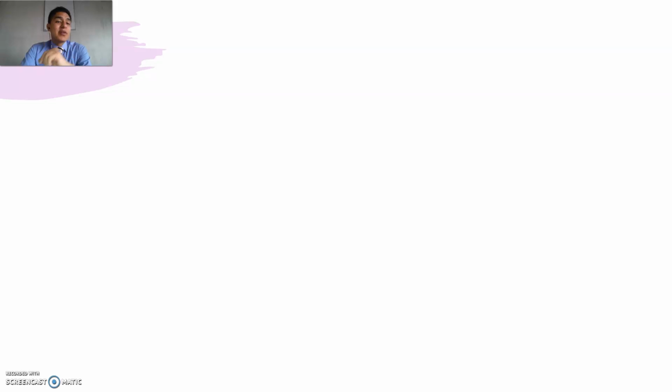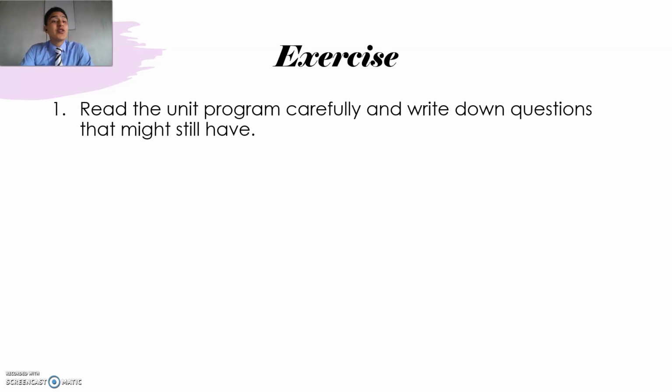So let's see what you have to do today. Here is the exercise and the things that you need to complete today. Number 1, read the unit program carefully and write down questions that you might still have. So, you received a physical format with all of the contents that we are going to have in science, all of the exercises that you need to do every week, the evaluation, how much points it is worth.